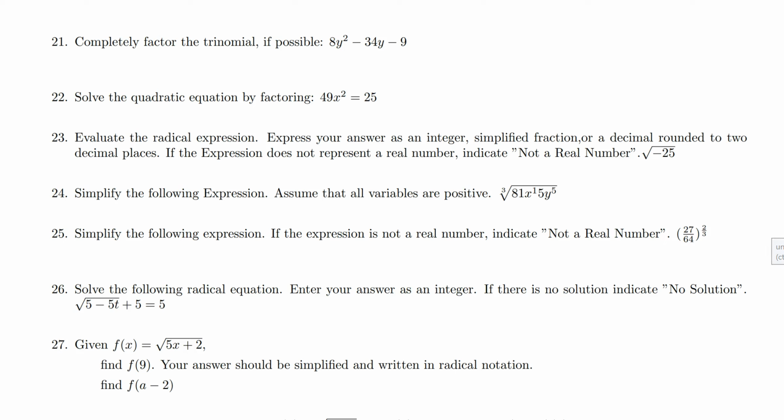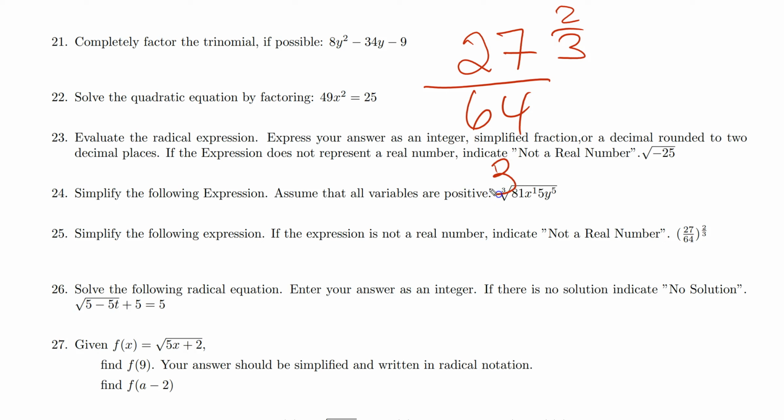All right, then we want to simplify this expression here. This is 27 over 64 to the 2/3 power. And to convert a fractional exponent into its radical form, we take our denominator 3, that becomes our index number.